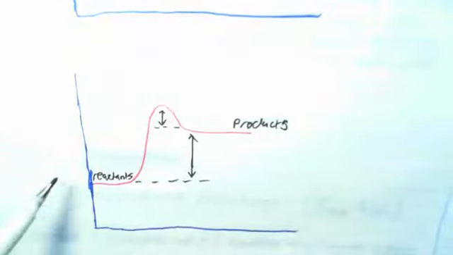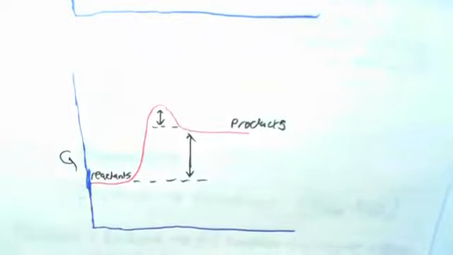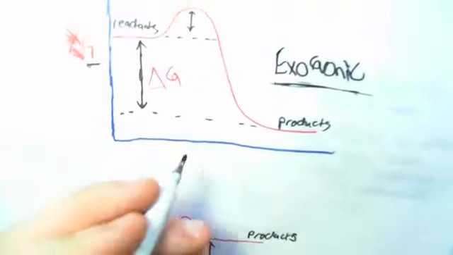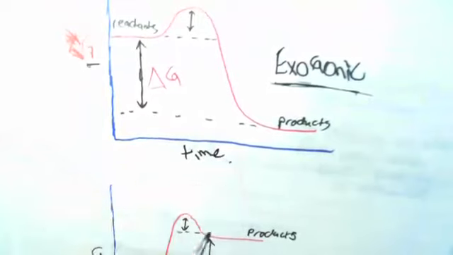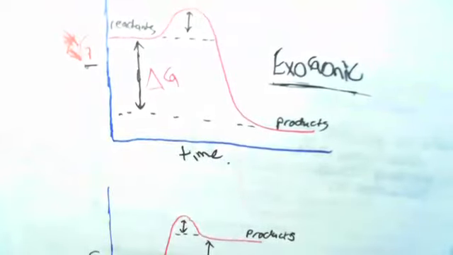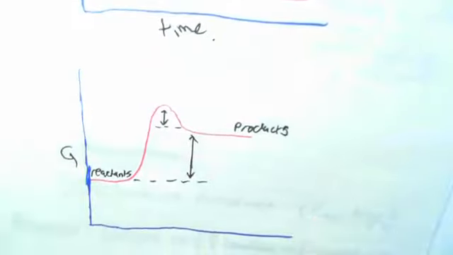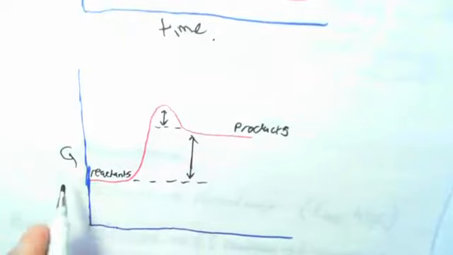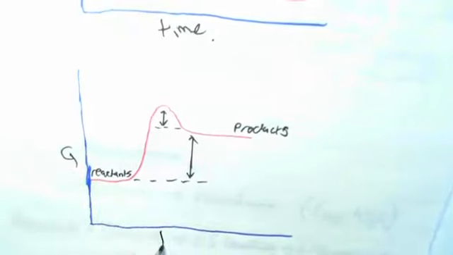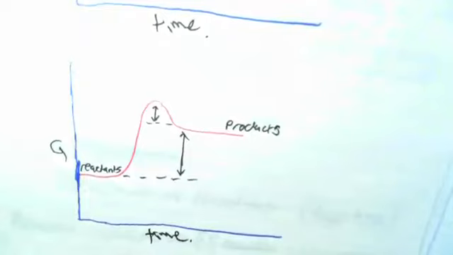So in this reaction we again have G, free energy, on the y-axis, and sorry, on the x-axis here we would have time. So as time progresses and as the reaction progresses, we have free energy on the y-axis and again time on the x-axis. And here we have our reactants actually having a lower free energy than the product.